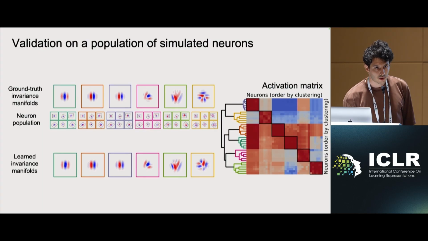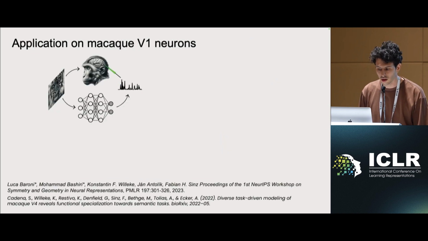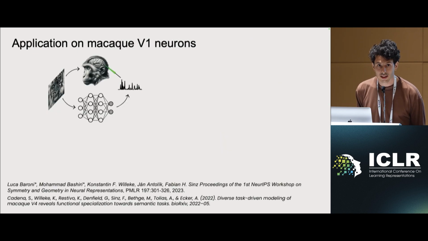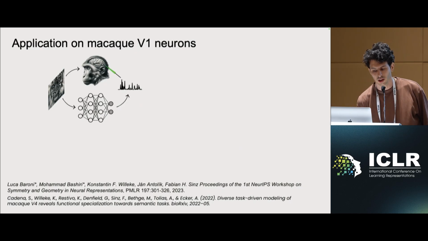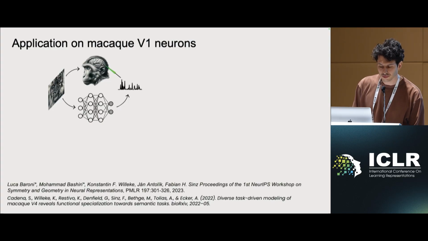Okay, happy with our results on simulated data, we then move to apply our method on biological data. In this case, we use a response predictive model that was trained on macaque V1 neuron data. The data set was collected from Andrea Stolia's lab and contained responses to grayscale natural images.